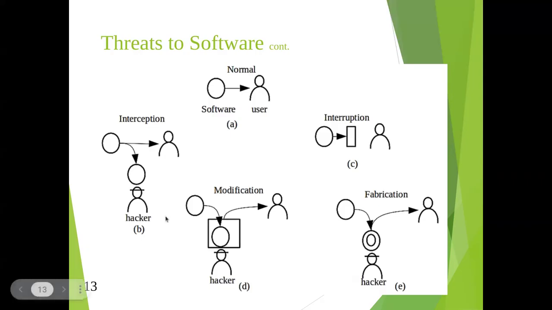B is interception: a hacker can access the software and get all the information, while the user can also still use the software. And A-B-C is interruption. Interruption is when the software is blocked, so the user cannot access it.